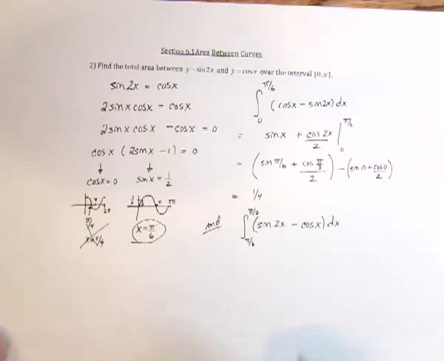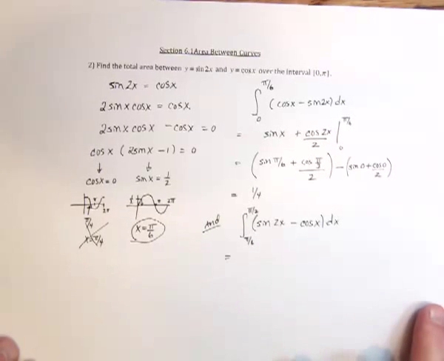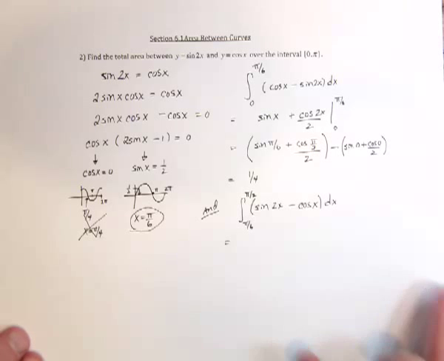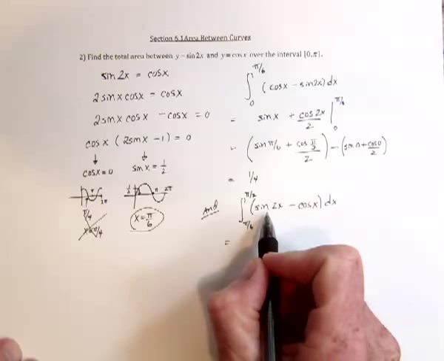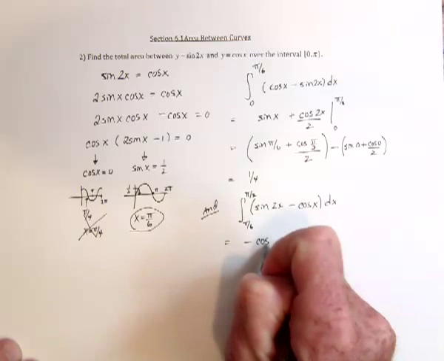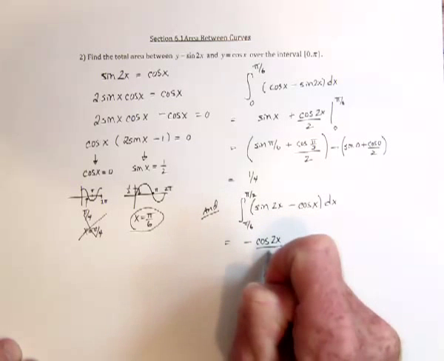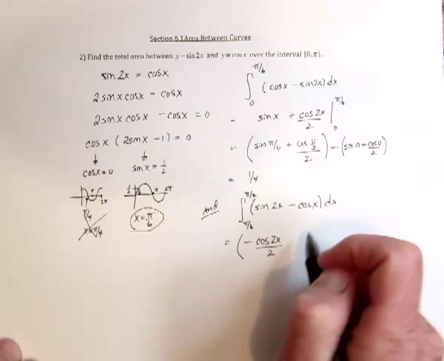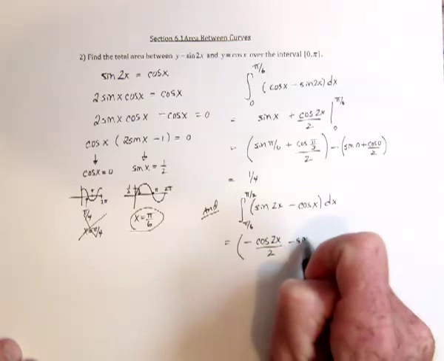And then the antiderivatives are going to be for this, let's see, it's going to be negative cosine of 2x, and then that's got to be divided by 2. And then this one's going to be negative sine of x.